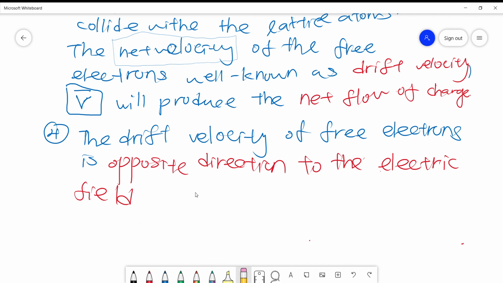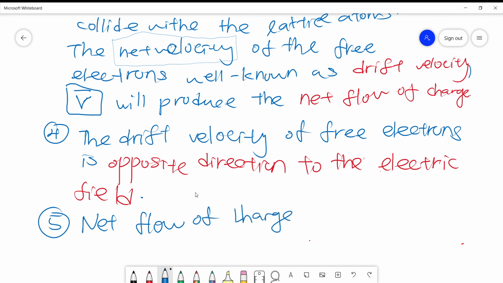So as we talk about the net flow of charge due to the net velocity of the free electrons, the net flow of charge will produce the electric current.